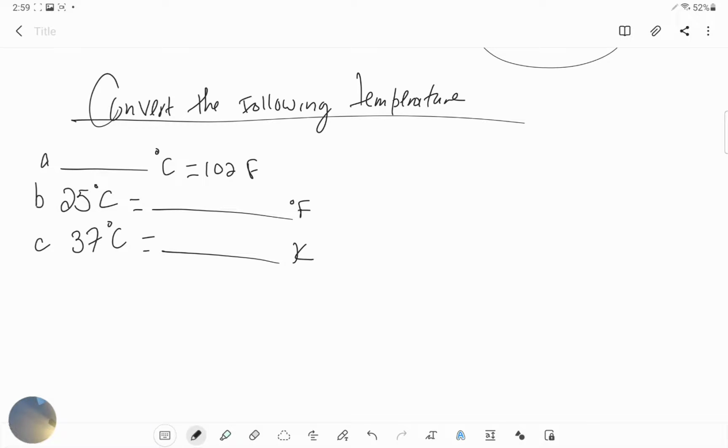We're going to use the same formula: 9C equals 5F minus 160. That's very simple.